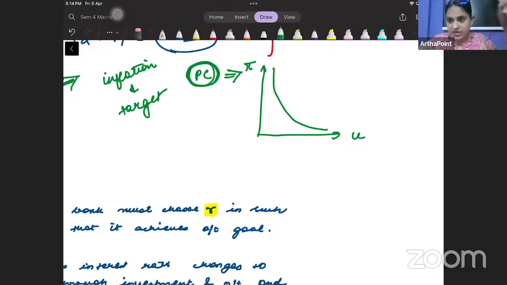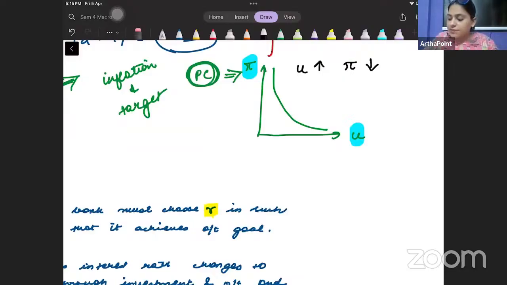The Phillips curve tells us that there is inverse relationship between inflation and unemployment rate. So we know कि जब जब unemployment rate बढ़ेगी, inflation economy में घटेगी.